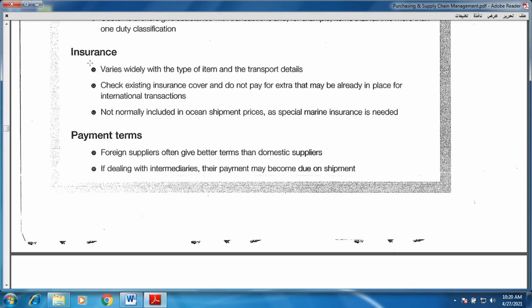Another thing that should be considered is the insurance. It's money paid to an insurance company to make sure that the transport route is safe and there is no risk facing or damaging our goods.